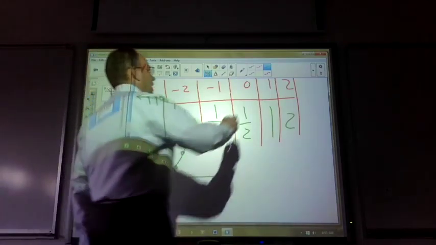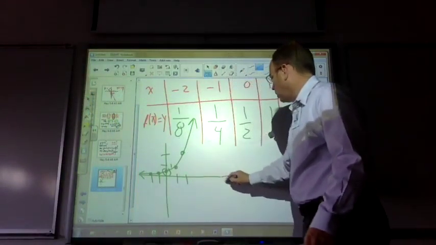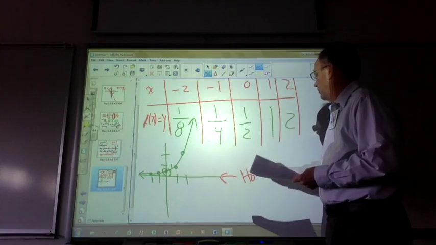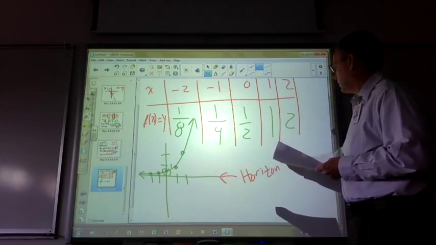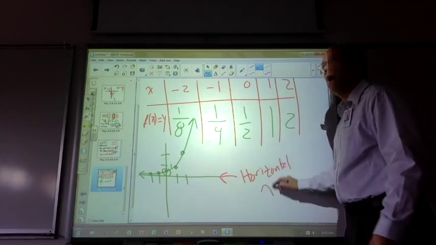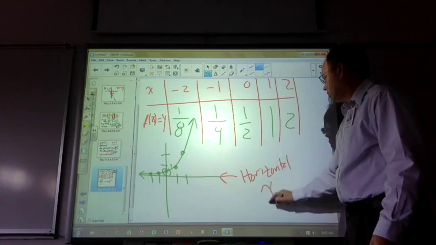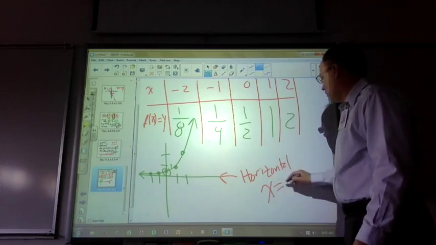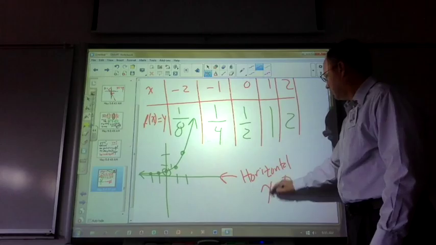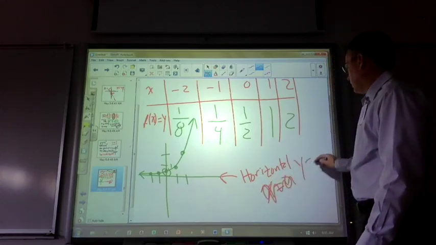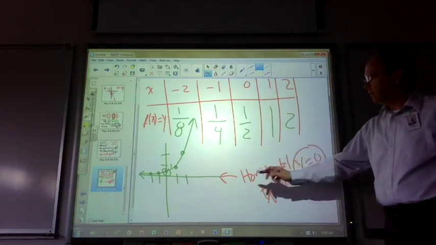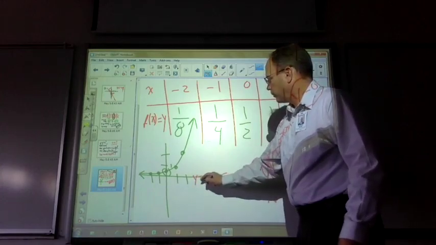No, it's not going to go to the negative side. My horizontal asymptote is, no, jeez, y equals 0, I'm sorry. That's what this line will be, y equals 0.